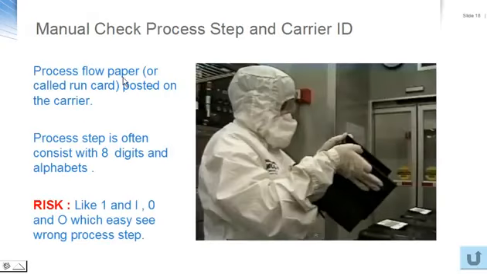The process flow papers or code are run on the car post on the carrier. The process step also often consists of 8 digits and alphabets. The risk is also like 1 and I, 0 and O, which may cause the wrong process step.